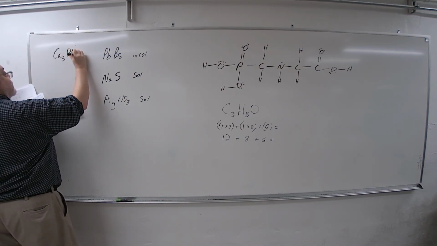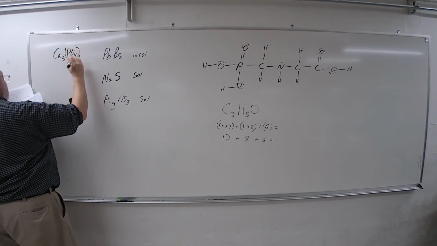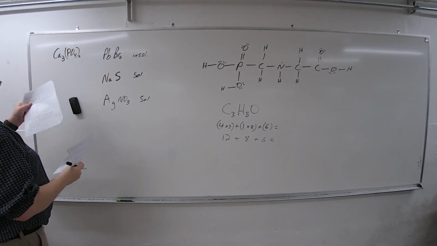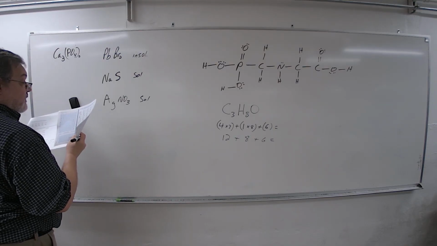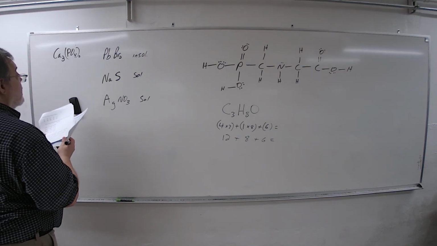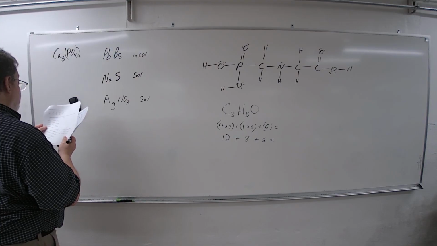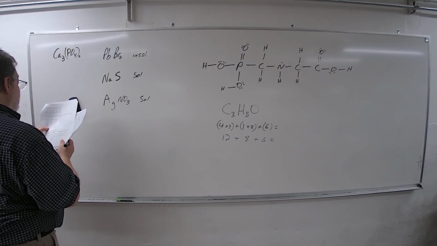AgNO3. All nitrates are soluble, so that one's soluble. There's no exceptions for nitrate. Calcium phosphate.